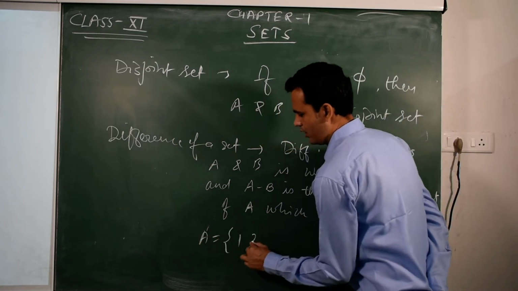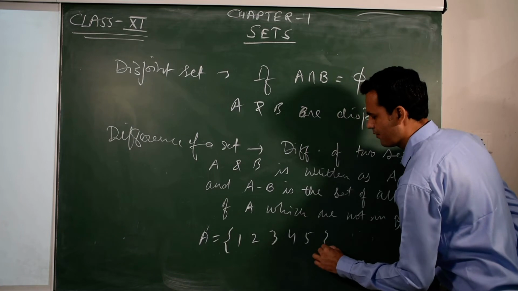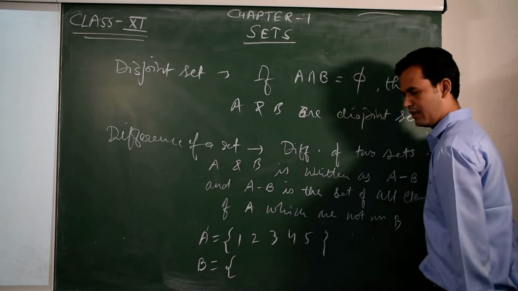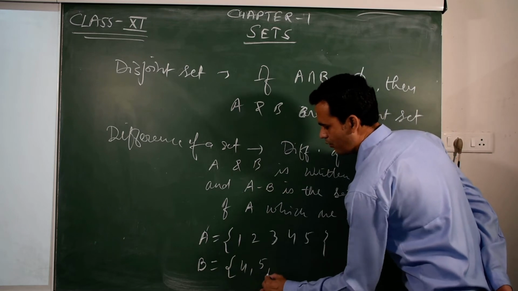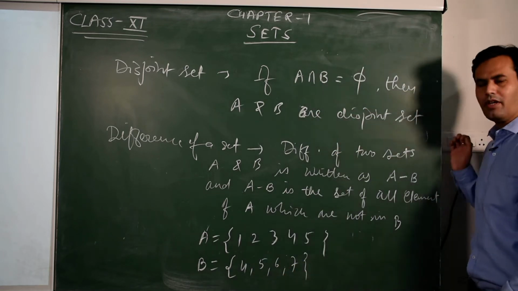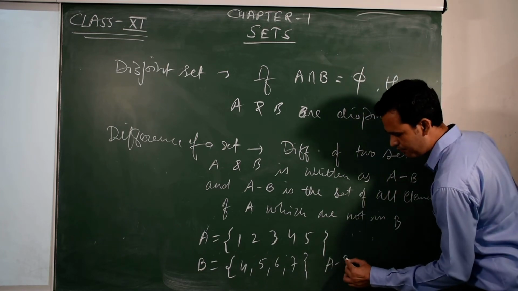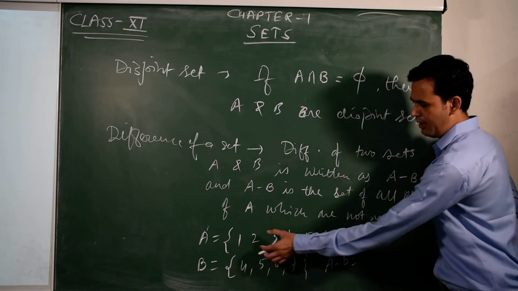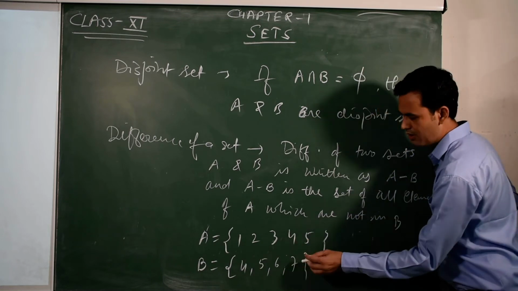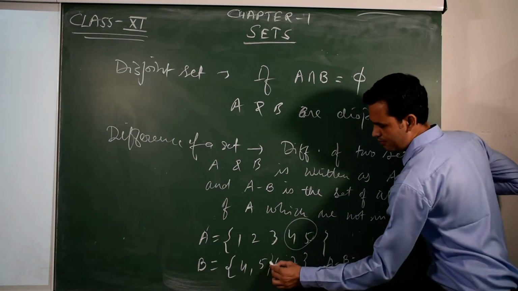Let's take an example. A is the set 1, 2, 3, 4, 5 and B is the set having elements 4, 5, 6 and 7. So if we find A minus B, then A has 5 elements, B has 4 elements, and 2 elements are common.